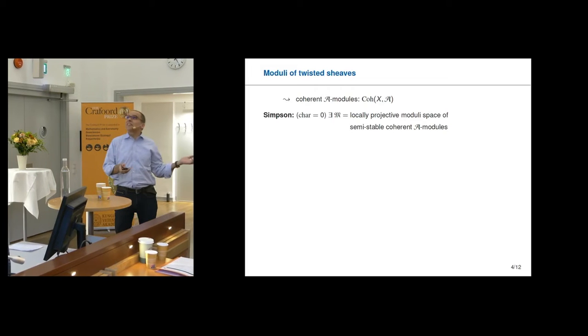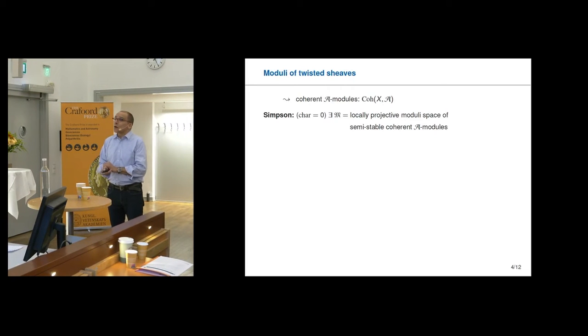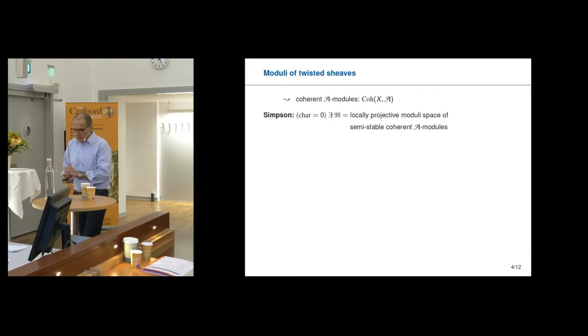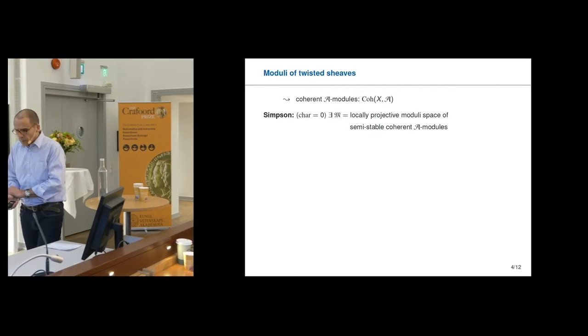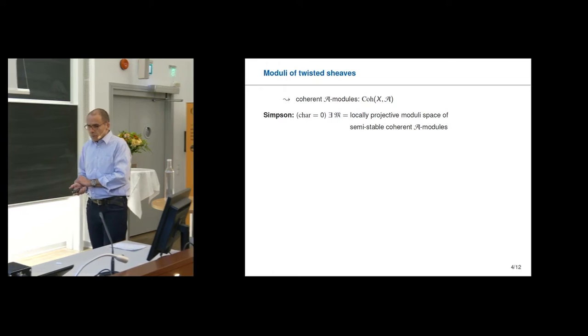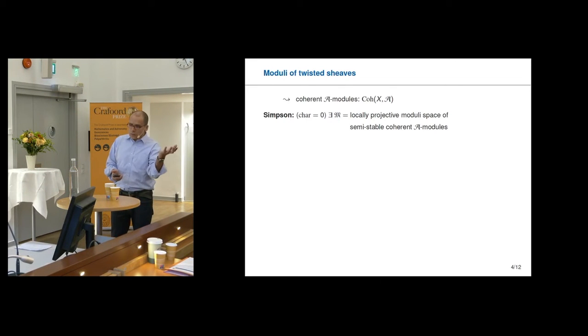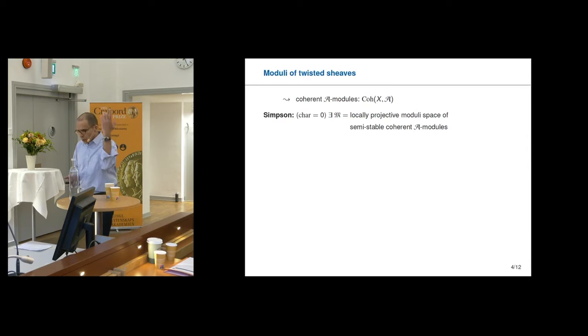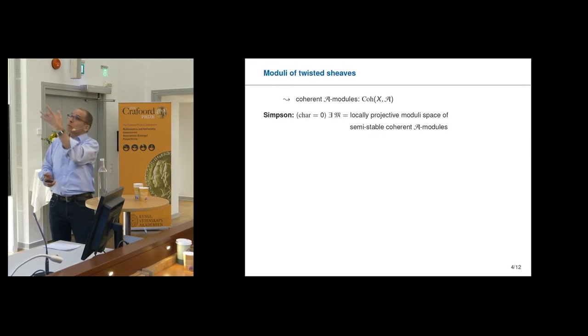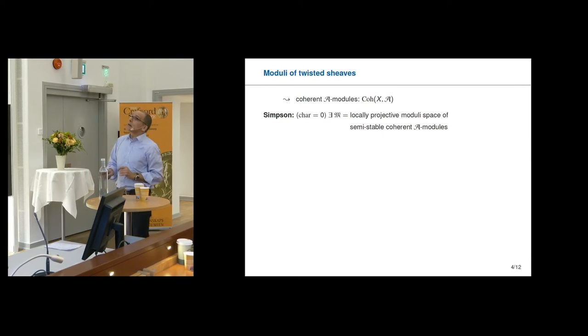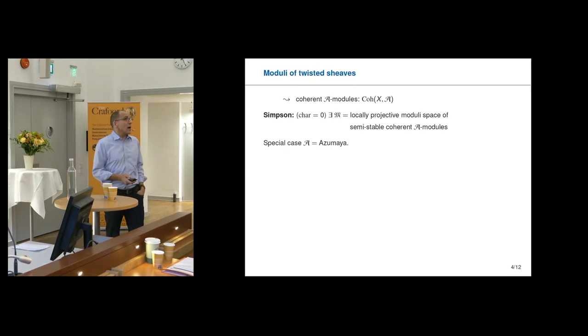So that works the same way as before. Somehow the degree of generality in which Simpson actually worked in his paper got forgotten a little bit. So people only remember these two special cases, Higgs bundle moduli space and moduli space of flat bundles. But you can also apply it in particular to an Azumaya algebra.